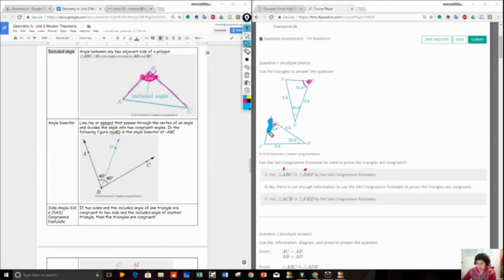We're going to look at AC, and there's not a measurement there, and the corresponding side would be FD, and there's not a measure there. So I can't determine if those sides are the same length, so I can't use angle A and its corresponding angle D for side angle side.